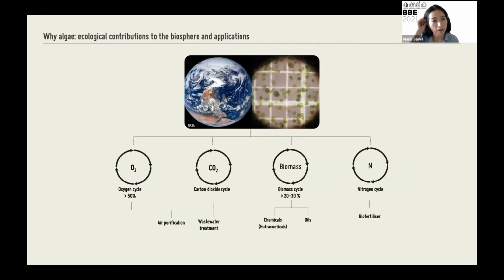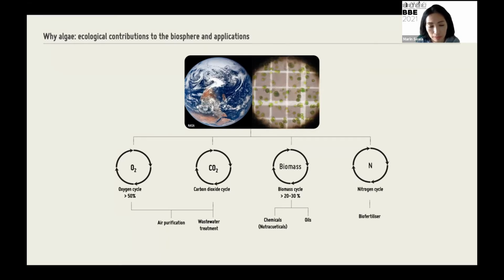Now, why am I interested in algae? Well, besides their crucial role in using sunlight to fix atmospheric CO2 into biomass and oxygenating our atmosphere, algae, both marine and freshwater, are involved in the global cycling of nitrogen. And these crucial ecological contributions are translated into applications, as you can see on the bottom, for human uses.